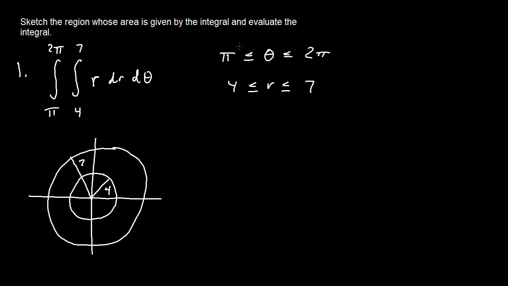Now notice that theta values are from pi to 2 pi. Now pi is 180 degrees, 2 pi is 360. So we're really starting here at 180 degrees and then going all the way to 360. So the area we're looking for, or the area of the shaded region, is basically this area right here.